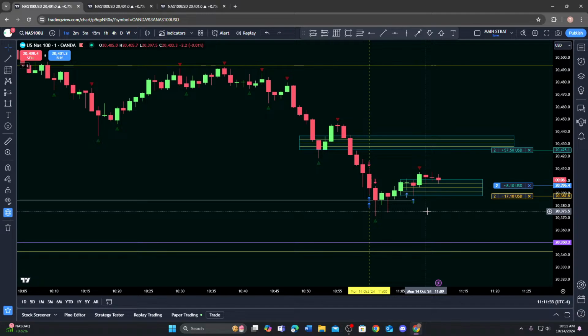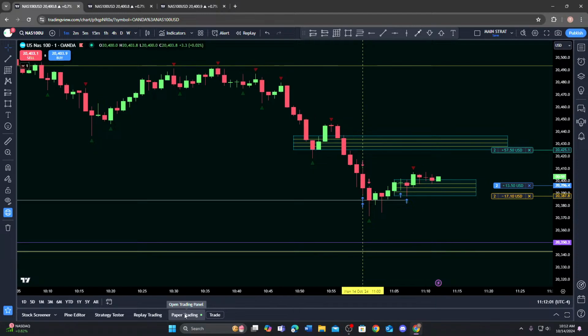So I guess you could say I have a demo account that I use to measure growth, and then I have a demo account, which is this one, that I use for just practice. I guess they're both for practice, but they both have different purposes.